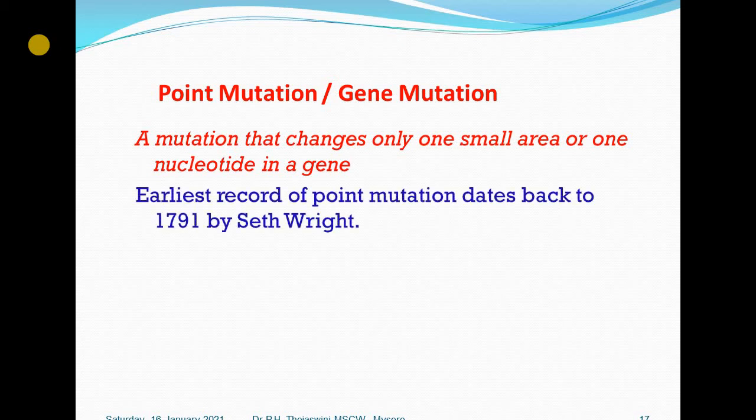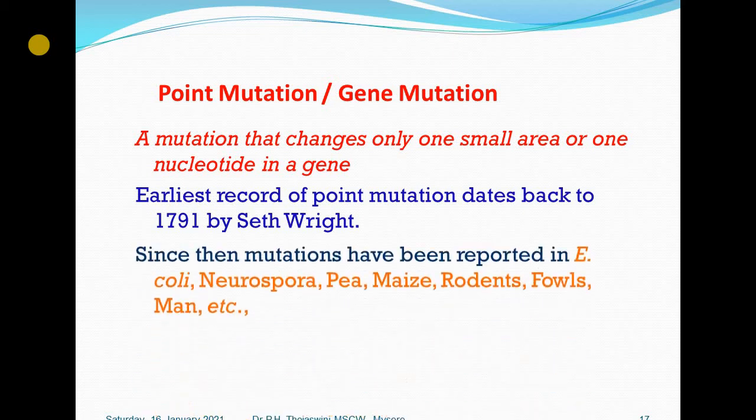This type of point mutation was first identified by Seth Wright in 1791, wherein he found a short-legged sheep in the flock of sheep. So that flock had a small-legged sheep which was due to the point mutation in the genome.